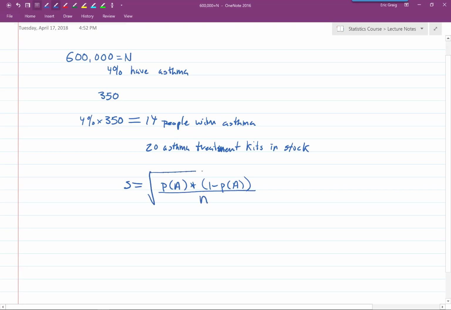In this case, S equals the square root of 0.04, the probability that you're going to see those asthma patients, times 1 minus 0.04, divided by 350. That's how large the sample is.